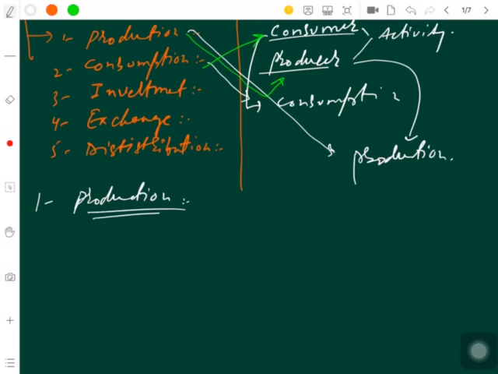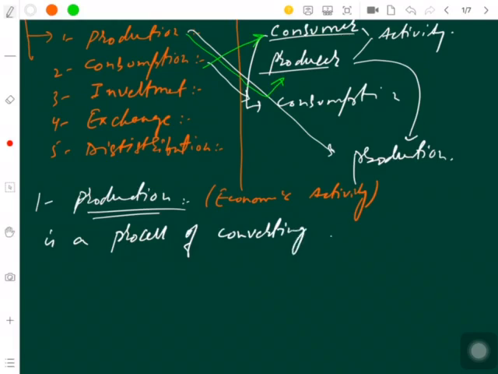So production is an economic activity. Being an economic activity, production, if defined, is a process of converting raw material into useful things.